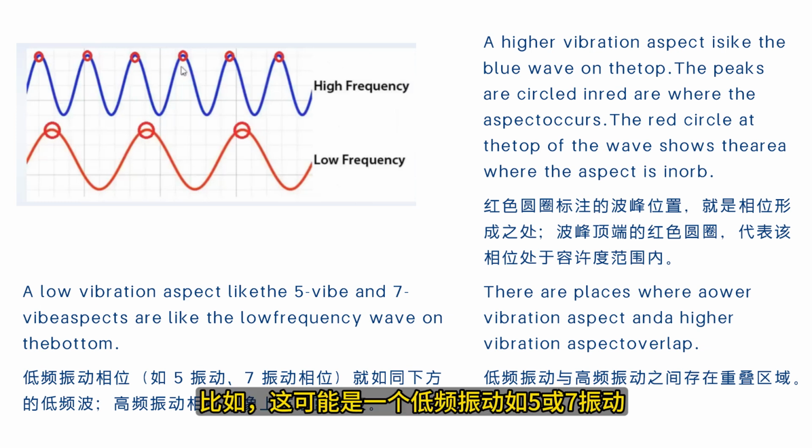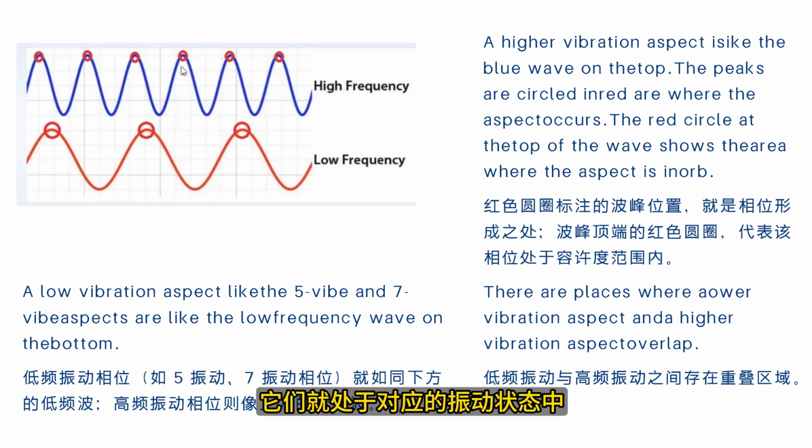So this could be, for example, a low vibration, maybe 5 or 7. And when the planets are fifths or sevenths or ninths of a circle, and they're almost exact, within a small orb, they're very close to being exactly that distance, then they are in that vibration.